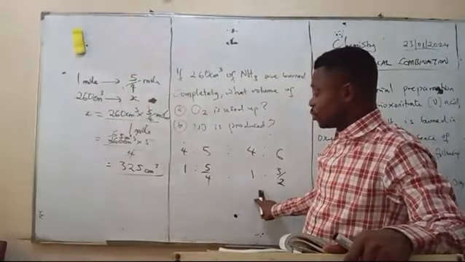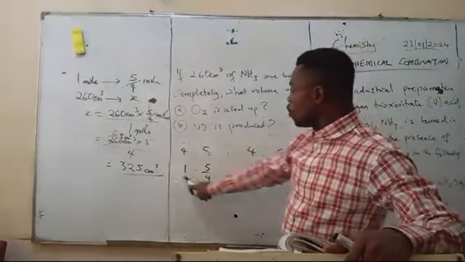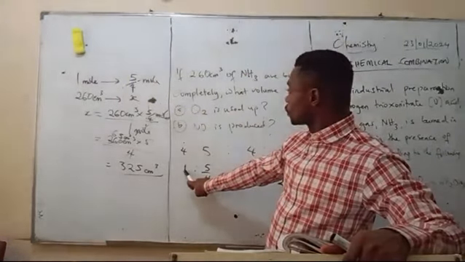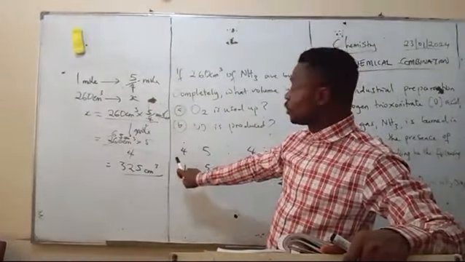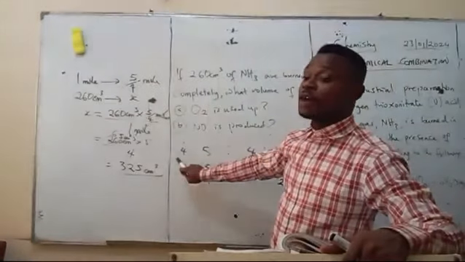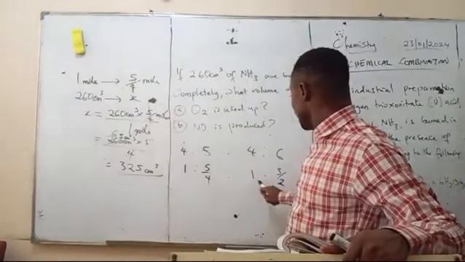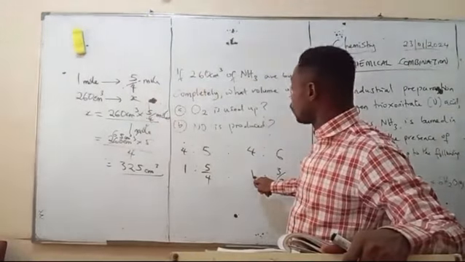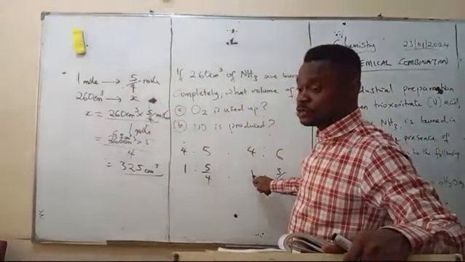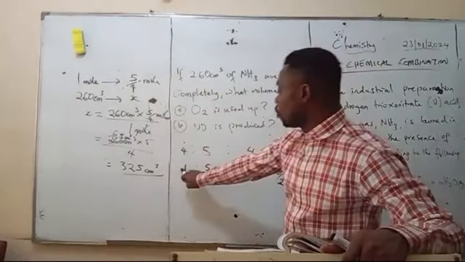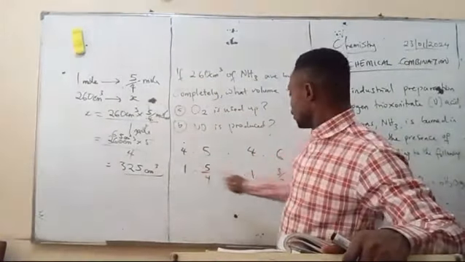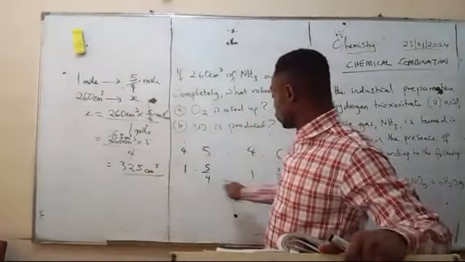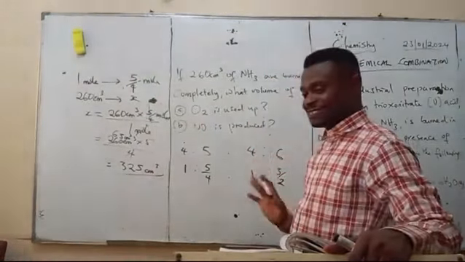From this equation, 1 mole or 1 volume of ammonia will yield 1 mole or 1 volume of nitrogen 2 oxide. So if 1 volume of this yields 1 volume of this, 260 cm³ of this will yield what? 260. Is it clear?